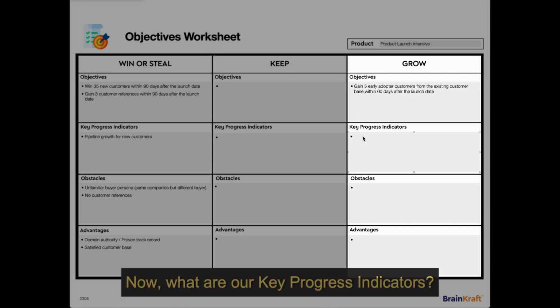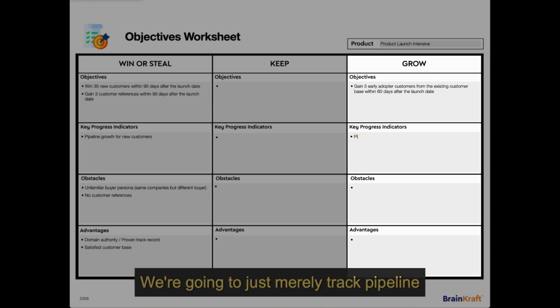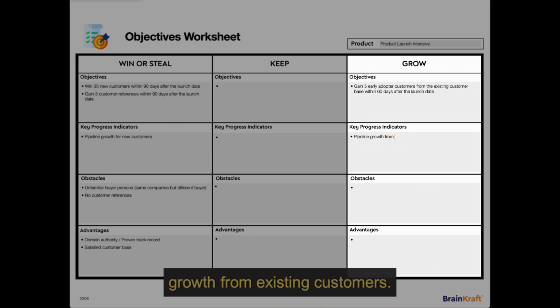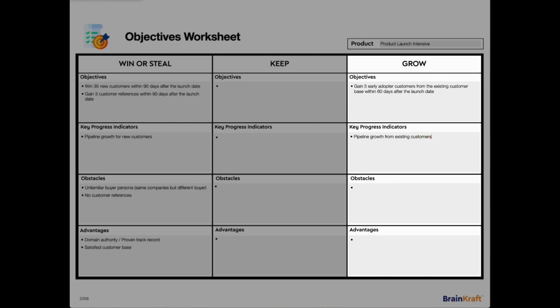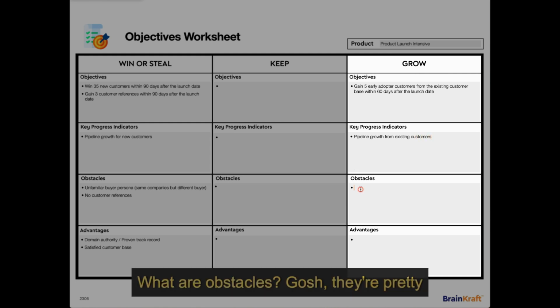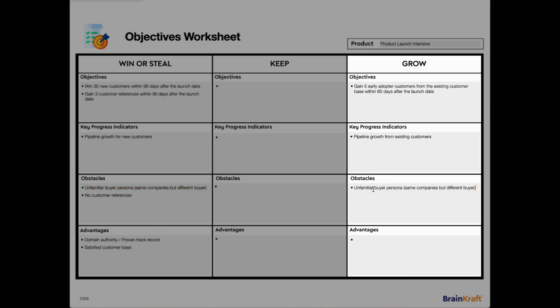Now, what are our key progress indicators? We're going to just merely track pipeline growth from existing customers. Okay. What are our obstacles? Well, gosh, they're pretty much the same as they are from the win objective, but here's the difference.